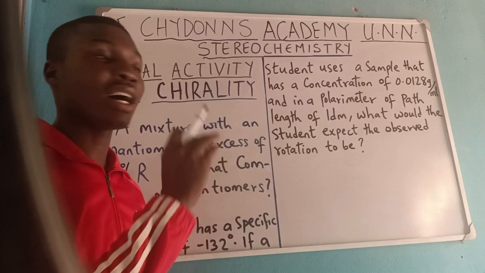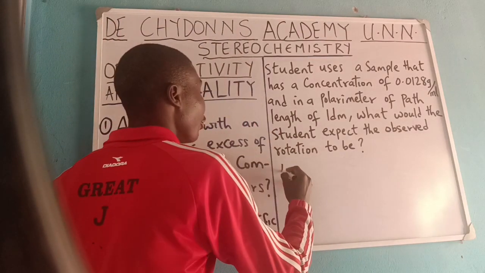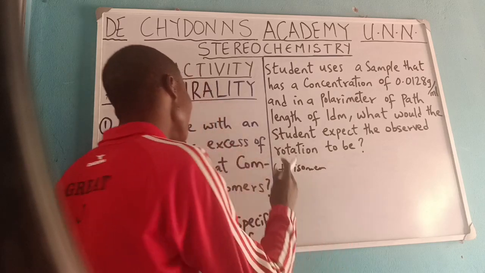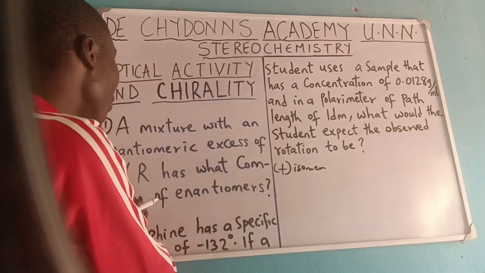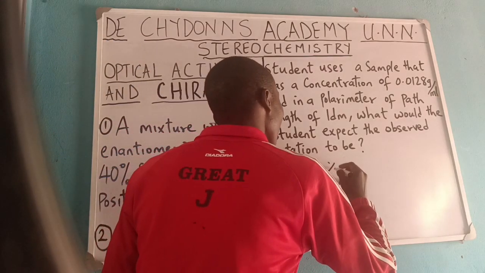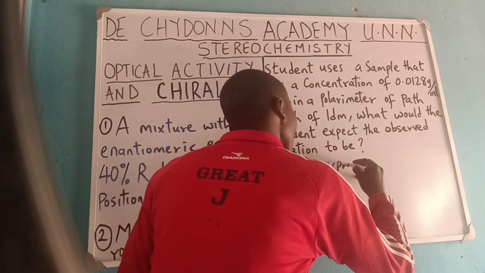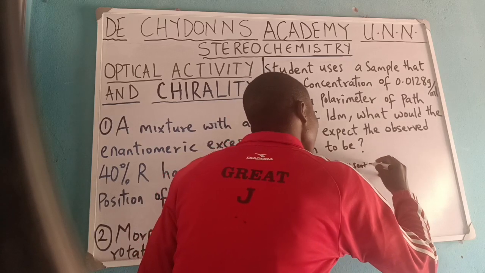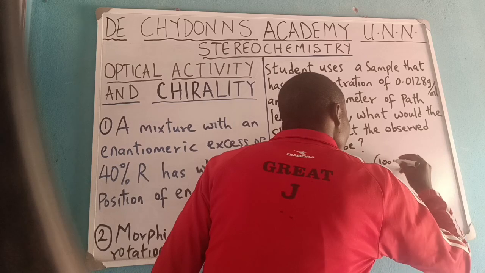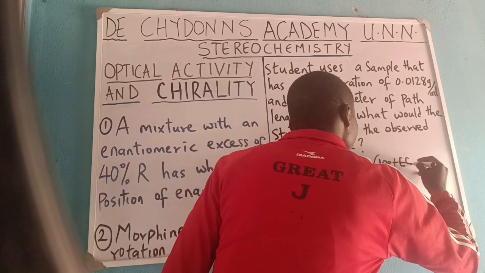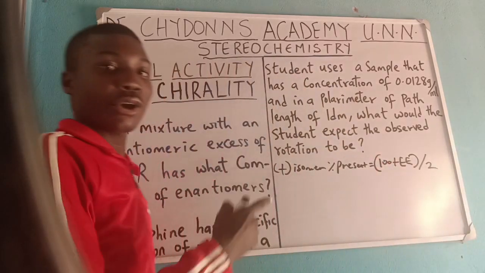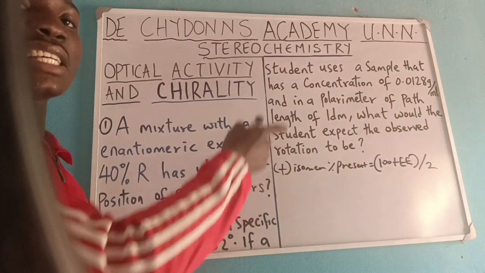solve this particular question. So when you're looking for the dextrorotatory isomer, you want to know the percentage present because it said what composition of enantiomers are present here. So the percentage present for the dextrorotatory isomer is equal to, in open brackets, 100 plus enantiomeric excess, divided by 2.